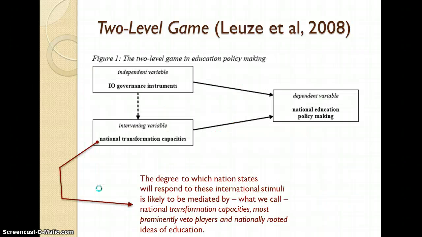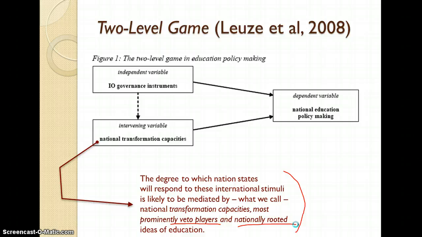If we move on then and we talk about the intervening variable, which would be national transformation capacities, this is, according to Leuze and company, the degree to which nation states will respond to these international stimuli. And it's mediated by what they call national transformation capacities, which is most prominently played out as veto players and nationally rooted ideas of education.